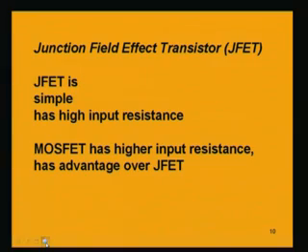Now, there is another device which is also a field effect transistor or FET, and it is the junction field effect transistor, that is JFET. So, we will be now discussing the JFET, because we have been discussing MOSFET, we have seen the enhancement type, depletion type MOSFET devices. Now, JFET is also a field effect transistor. It is a simple FET device.